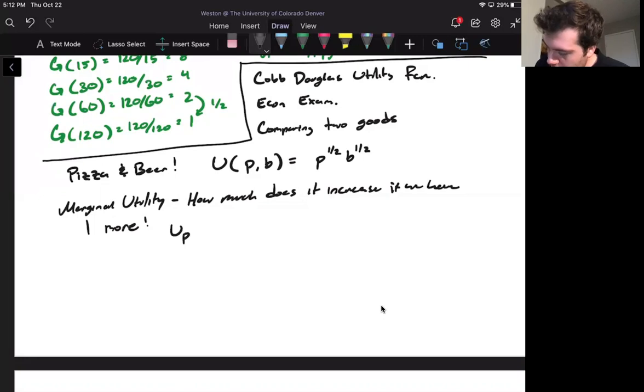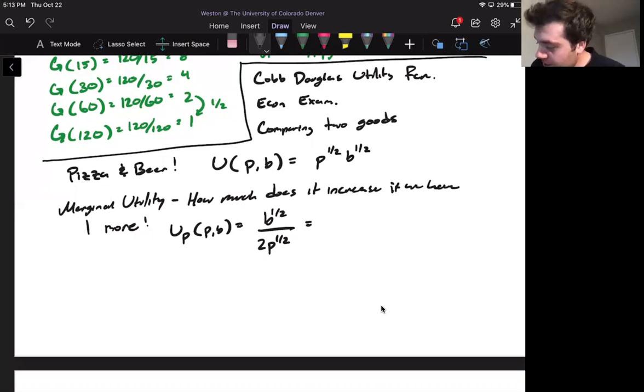And so we denote it U_P of (P, B) equals beer to the 1/2 over 2p to the 1/2. So let's say that the place I'm getting pizza at has a 2 beer maximum because they're making sure no one really goes over, and I've been known to drink beers that are like 8% because they're stouts.